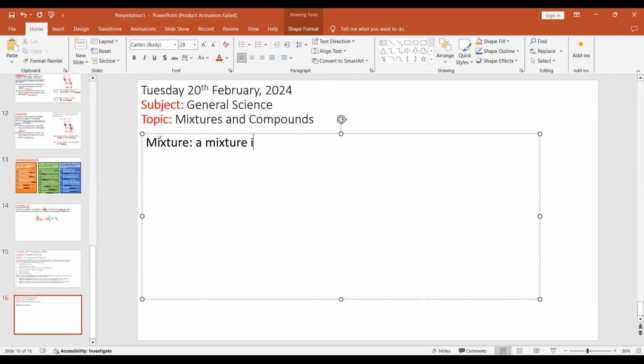A mixture is any composition of 2 or more substances that are not chemically combined.